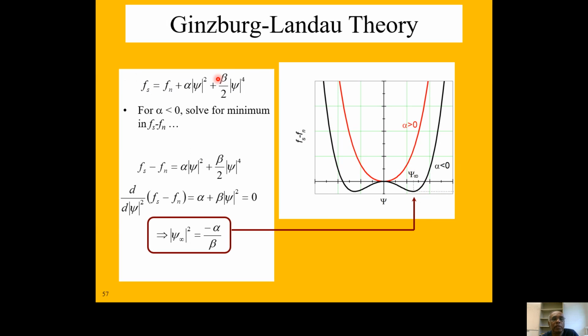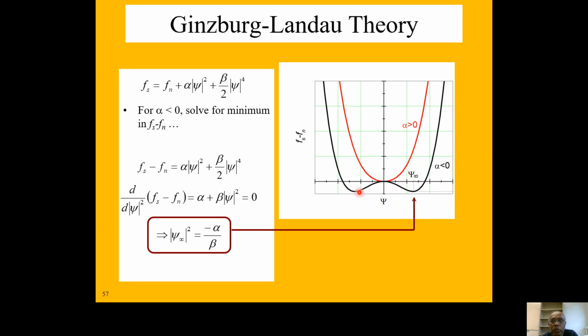We already discussed this one. If you take this alpha as a positive number, you get this curve with one minimum. But if alpha is a negative number, you see this curve that has two minima and one maximum. So that's the more interesting situation here, when alpha is a negative number.